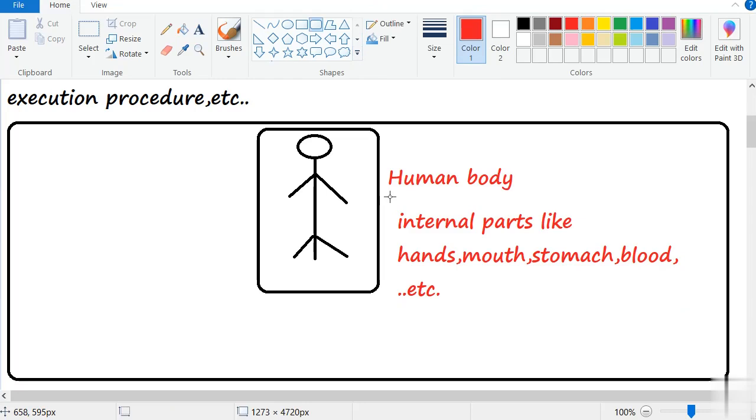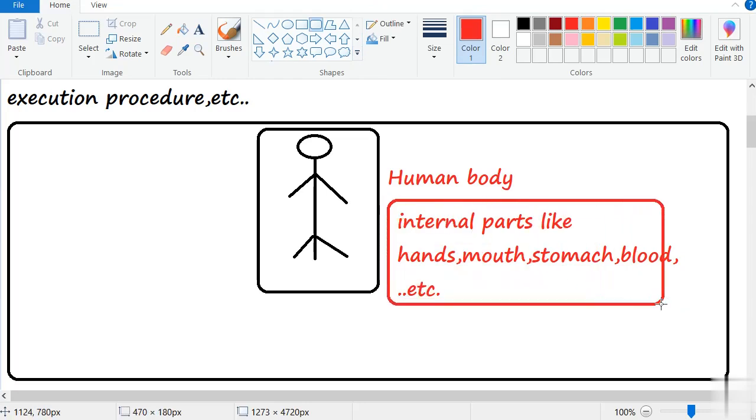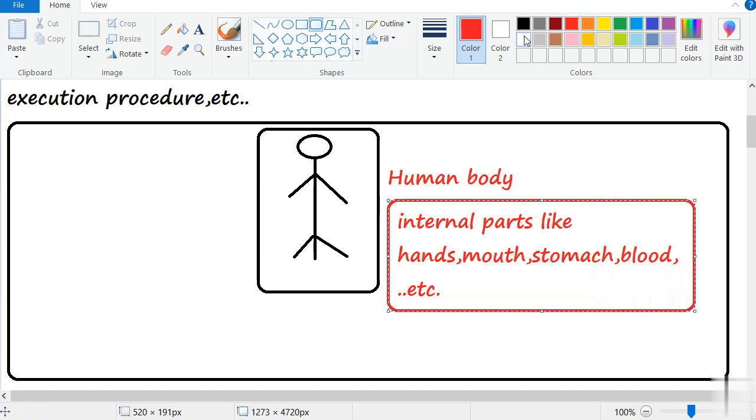So what will these internal parts do in our body?